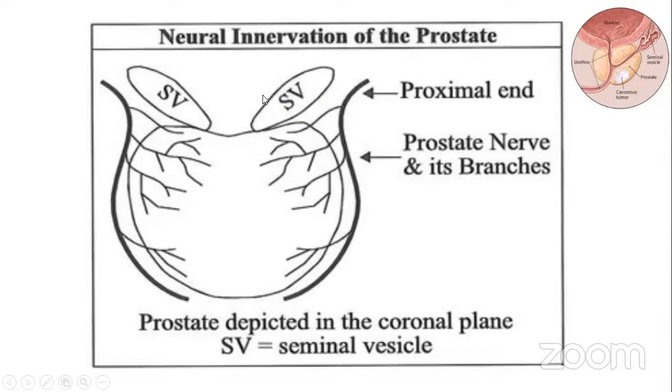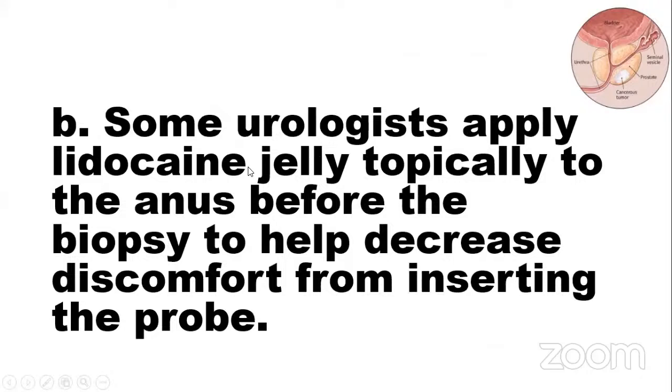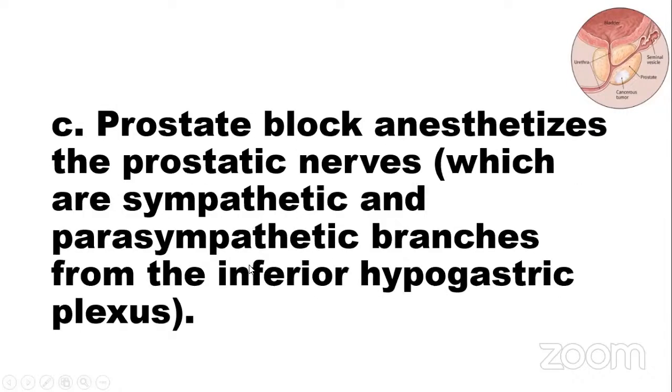So it lies medially, but the neurovascular bundle is posterolateral to the seminal vesicles. This is the prostate. Some urologists apply lidocaine jelly topically to the anus before the biopsy to help decrease discomfort from inserting the probe.